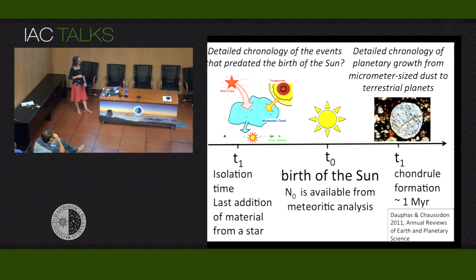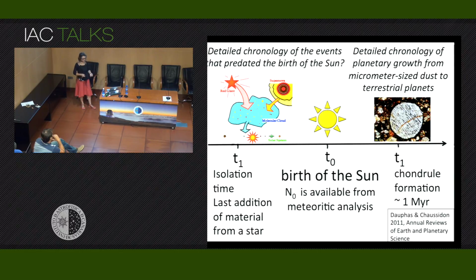So we have identified two different T1 that we can try to measure. One is what I call the isolation time. So the time from when this molecular cloud was isolated from additional contribution from stars, but we could also instead try to measure what was the last star that added matter to the solar system.